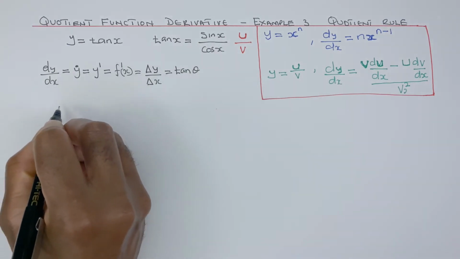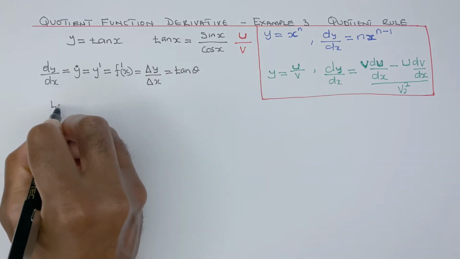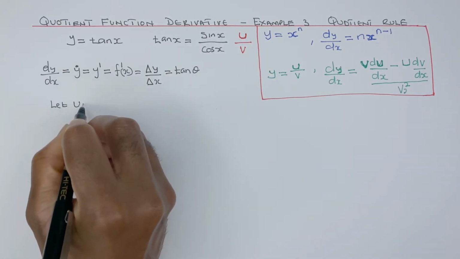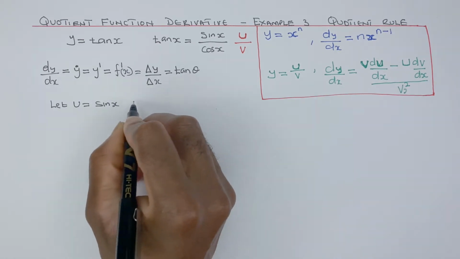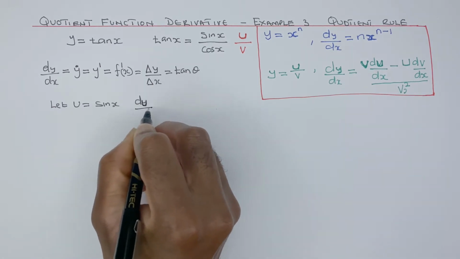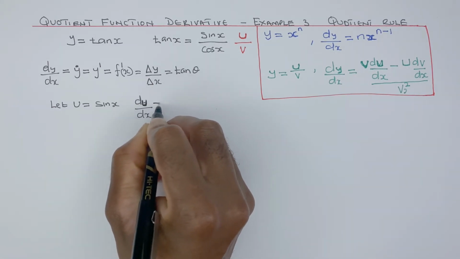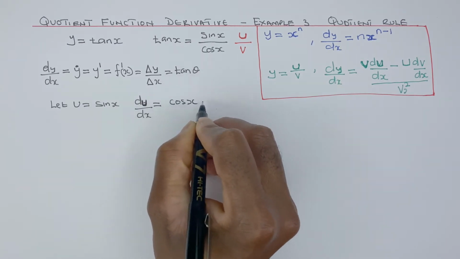And so to find the dy/dx here, we can say let u equals sine of x, and du/dx equals cos of x.